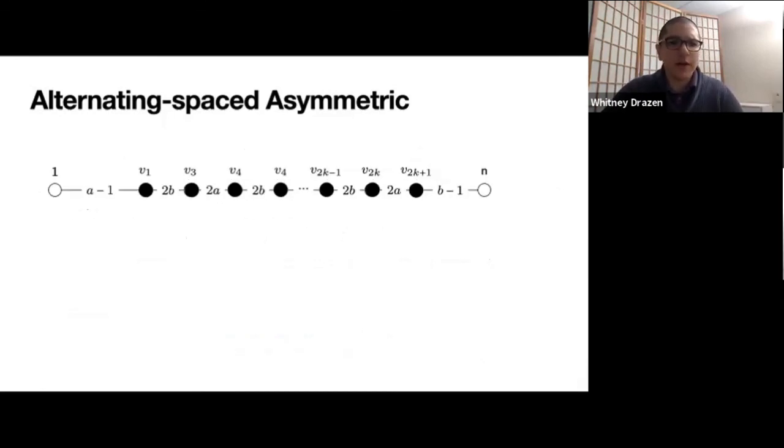So we can extend this example by having arbitrarily many vertices. You just repeat the pattern. The distance between one vertex is 2B. The distance between the following vertex is 2A, 2B, 2A, 2B, 2A, etc. And the eigenvector for this example will have alternating plus and minus ones.